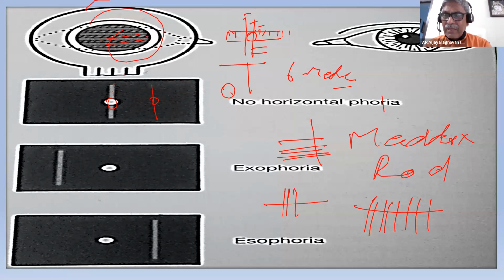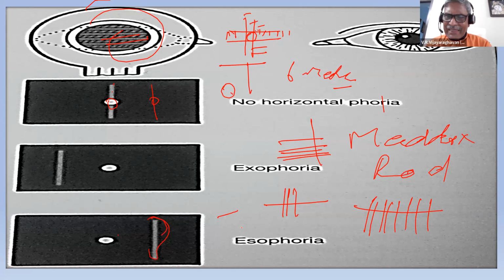Whereas with the Maddox rod in front of the right eye, the line is shifted to the right side only. What happened now? Right side, same side, means he has got esophoria for distance.